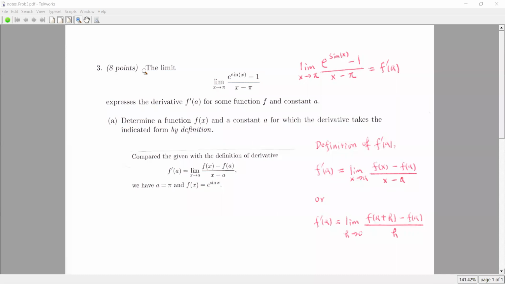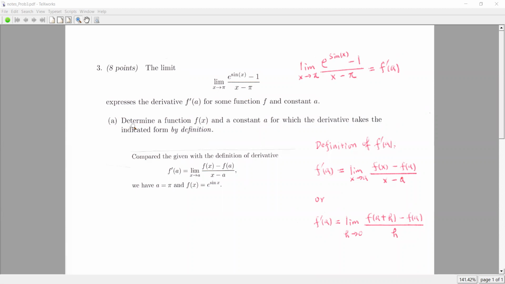Problem 3. This limit expresses the derivative for some function f and constant a. That is, this limit is equal to the derivative of some function f at some point a.